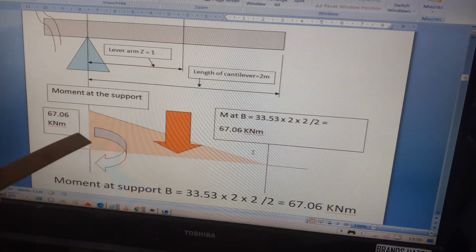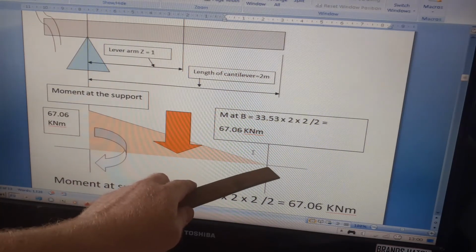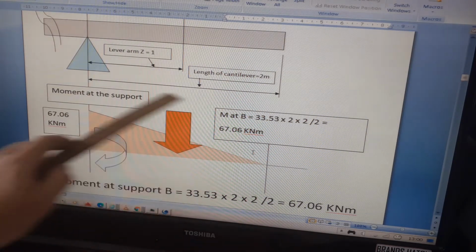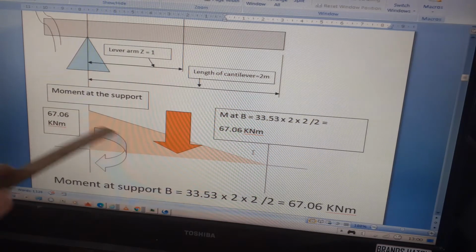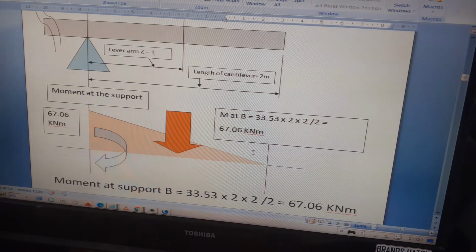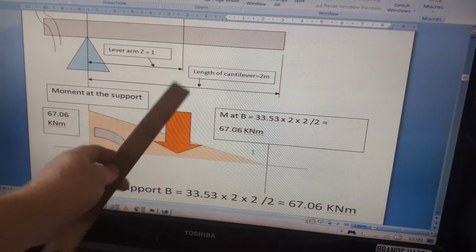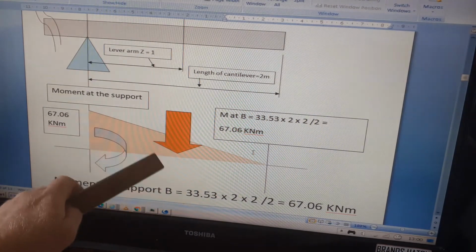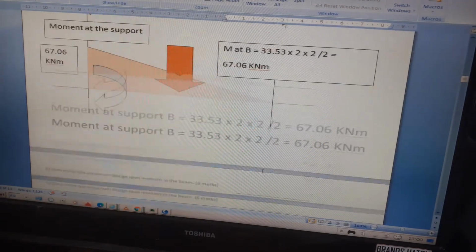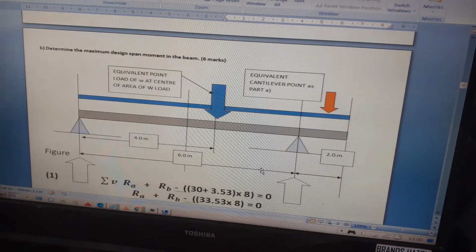It's 0 at the C position, and then it's 67.06 at support B. So that equivalent point load acts perpendicular to the beam surface. So that's part 1 of the question.